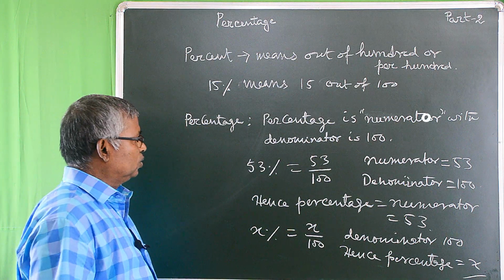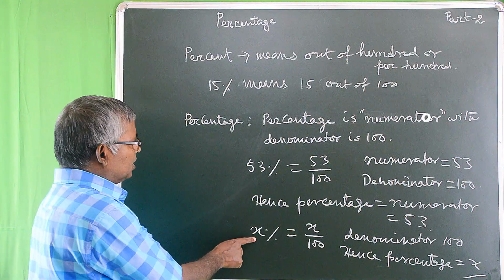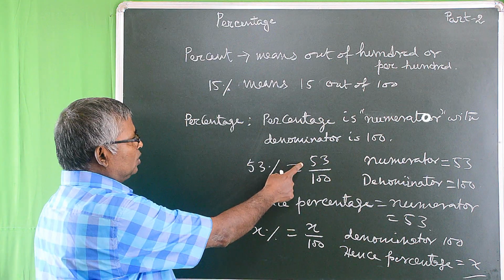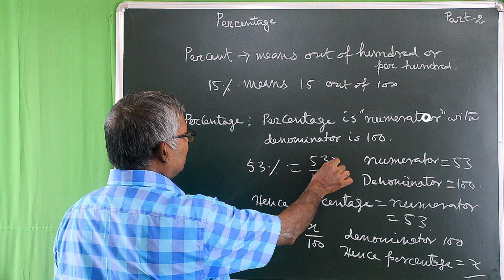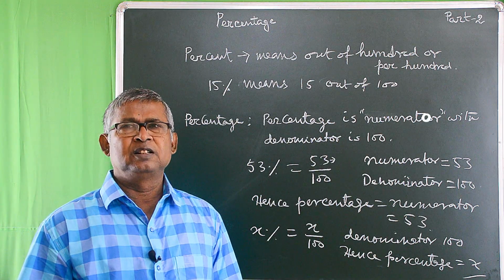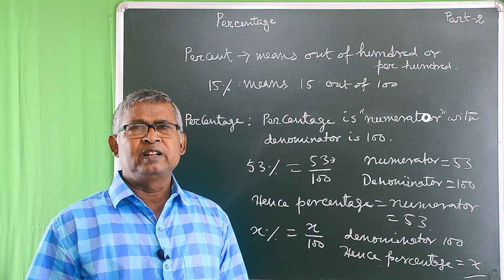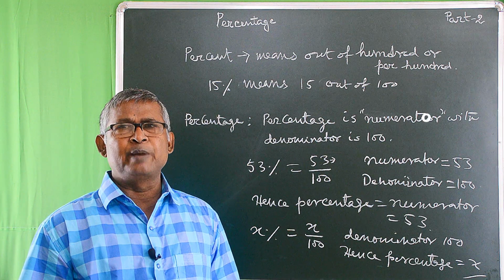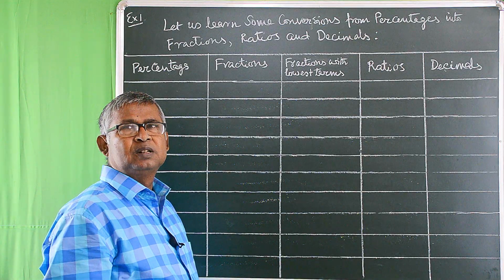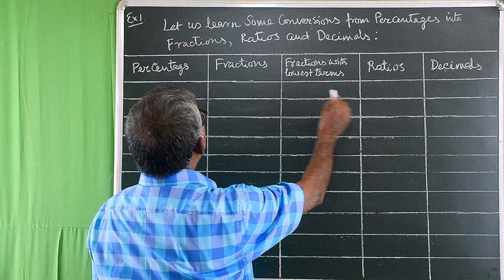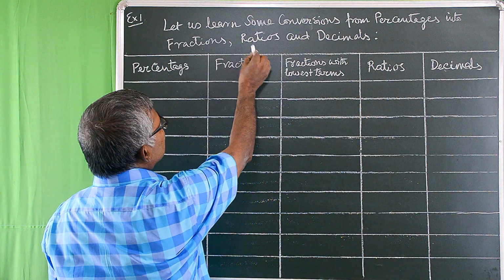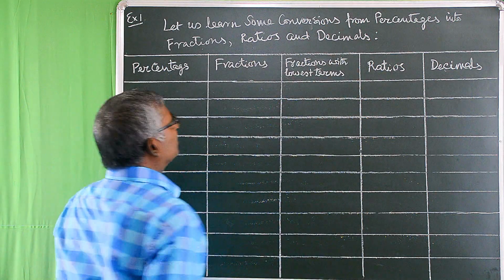So we see numerator of a fraction whose denominator is 100 is called the percentage. In practice, percent and percentage have the same meaning. Students, let us learn some conversions from percentage into fractions, ratios and decimals.